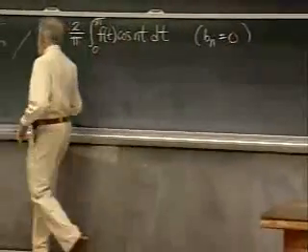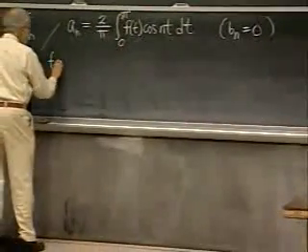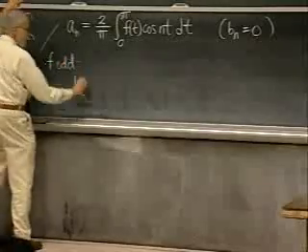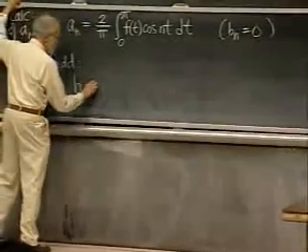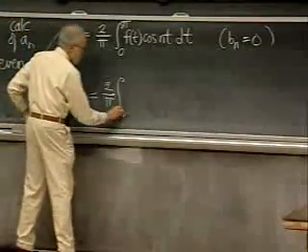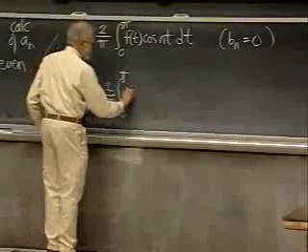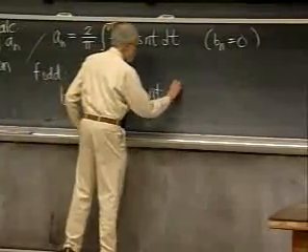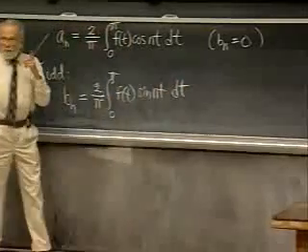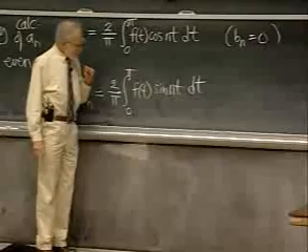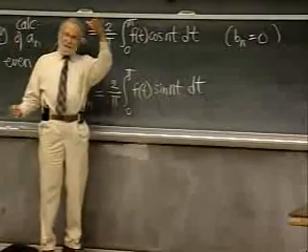And in the same way, if f is odd, the same reasoning shows that an, of course, will be 0 this time, but it will be bn that will be 2 over pi times the integral from 0 to pi of f of t sine nt dt. Maybe we better just say a word about that, since why is that so? If it's odd, doesn't that mean things become zero?